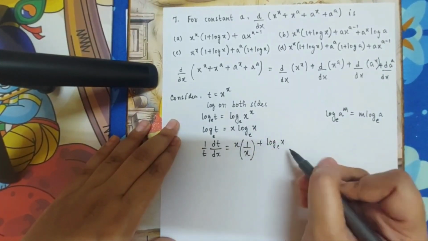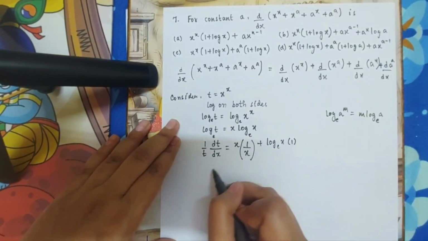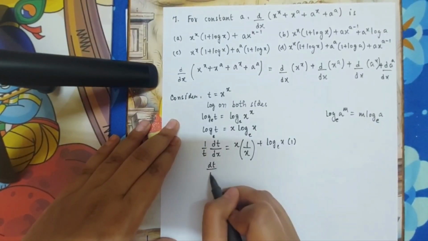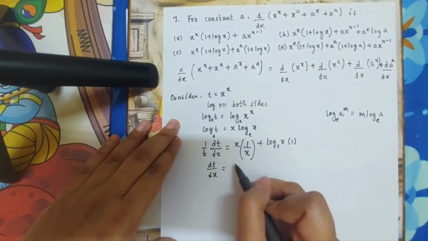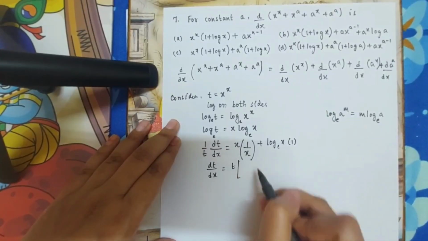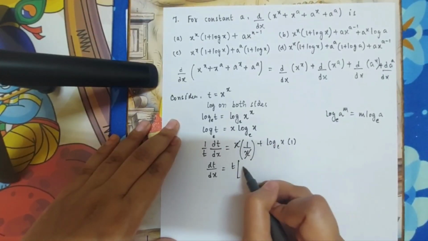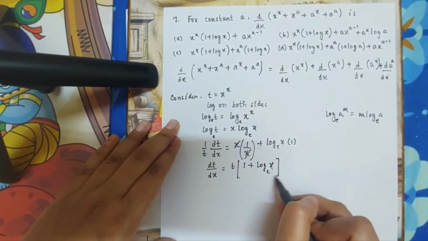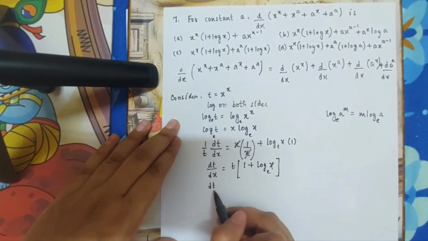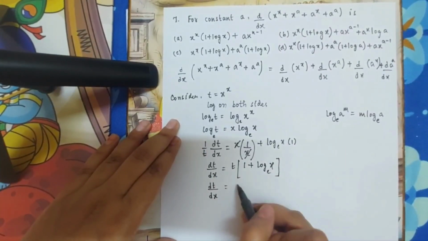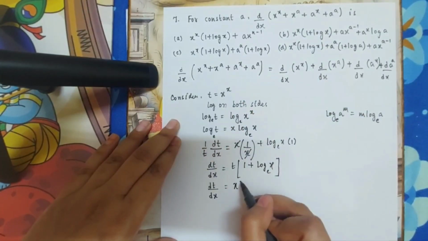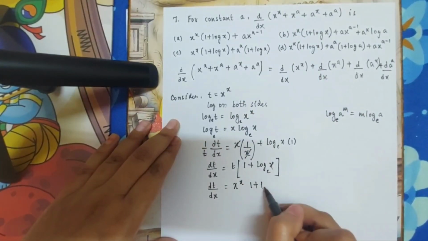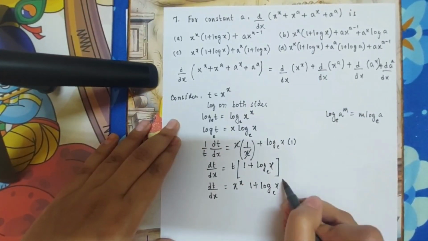So our first function is x, so derivative of x is 1. So dt by dx will be equal to t into this x, and this x will get cancelled. We are left with 1 plus log x to base e. So dt by dx will be equal to t, which is x to the power x, times 1 plus log x to base e.